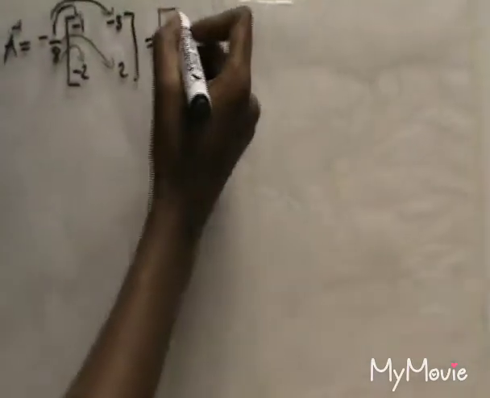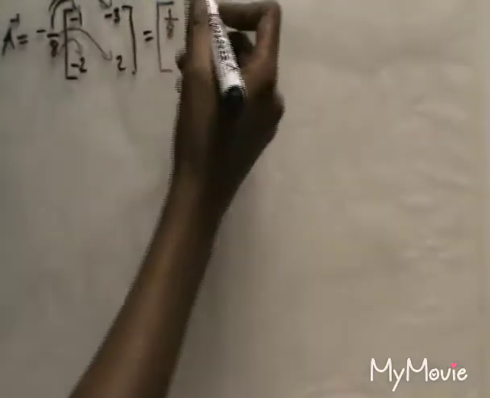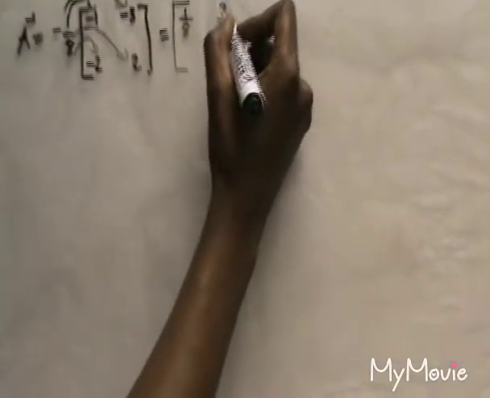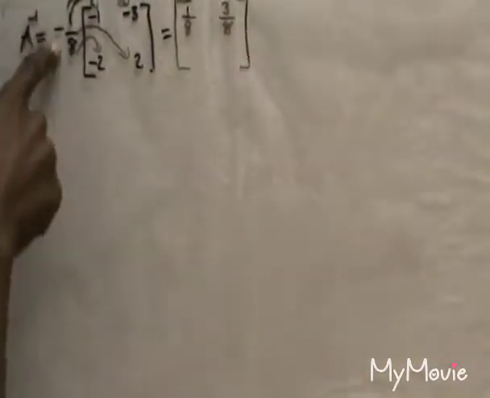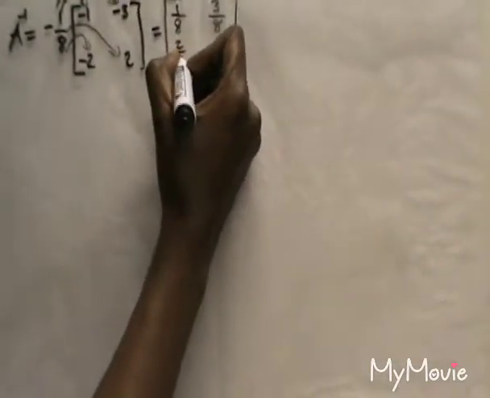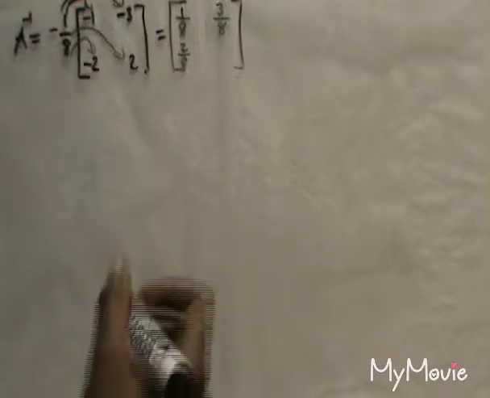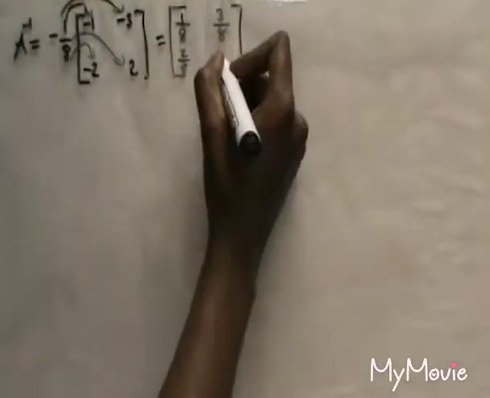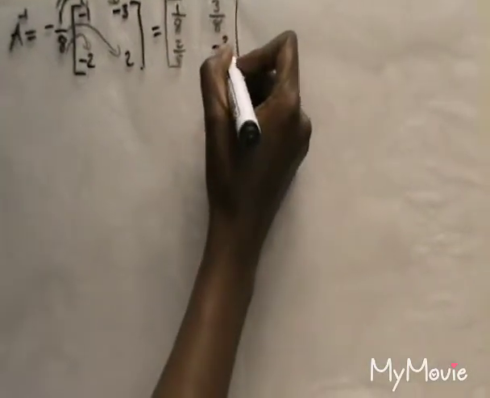Negative and negative gives me a positive 1 over 8. Negative and negative is positive 3 over 8. And then negative and negative, again this is positive. So I'll just write this one as positive 2 over 8. You can go ahead and simplify it, but they're exactly equal, so there's nothing wrong with that. And then negative and positive, this one gives me negative 2 over 8.